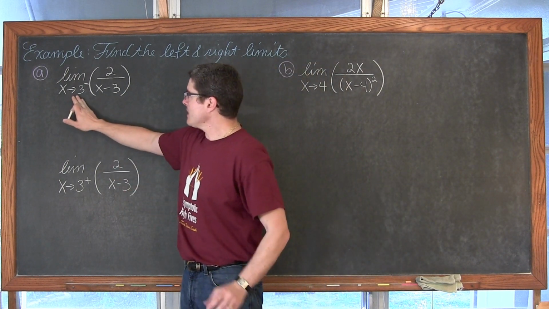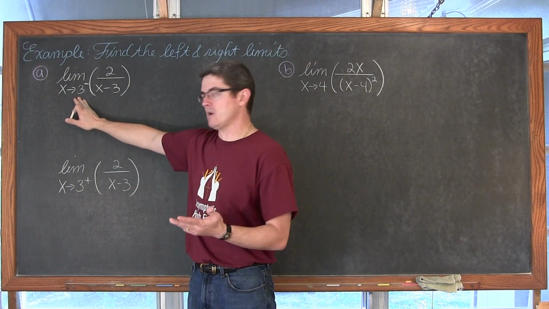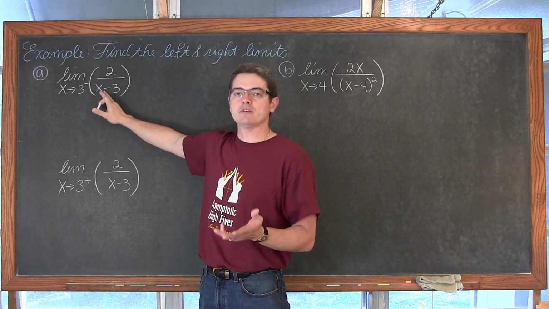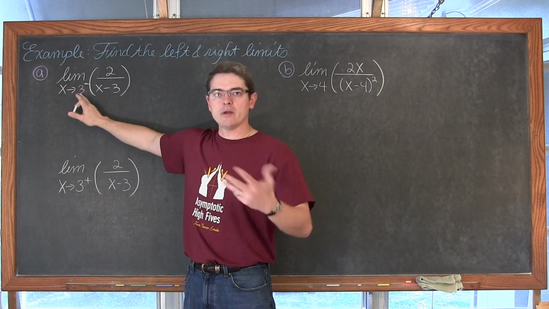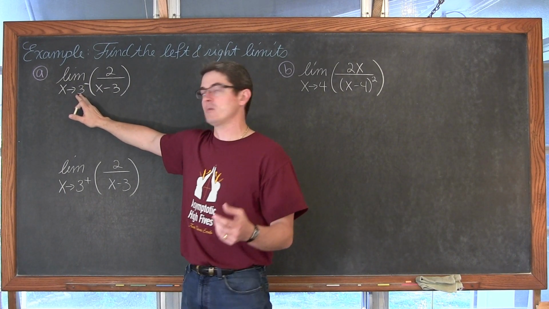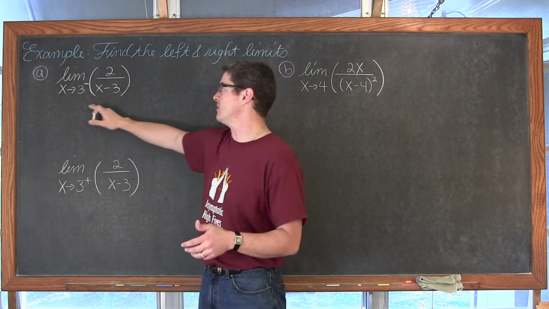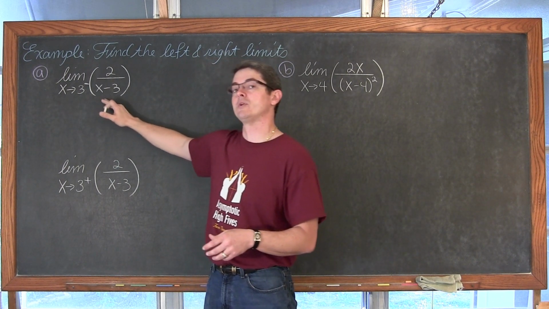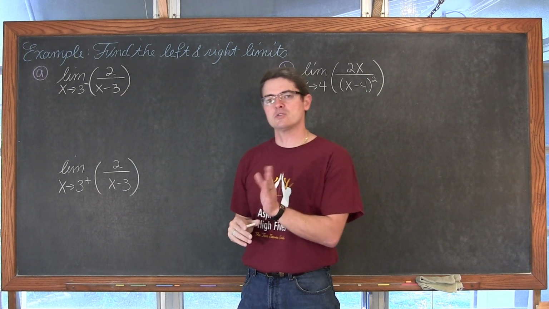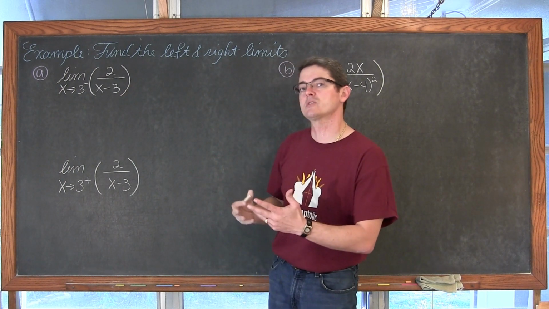So as I test to see what's going on to the left of 3, when we have a denominator that's undefined, we talked about already finding limits with a numerical or graphical approach. So I don't want to do an entire table of values getting closer and closer to 3 as we approach from the left. I'm just going to pick one value that's just to the left of 3, test it, and see what's going on.